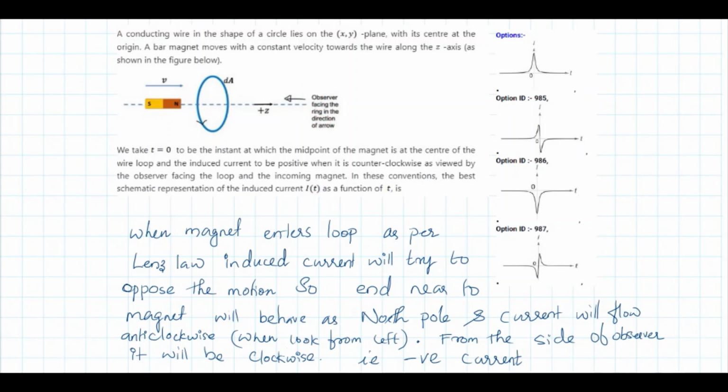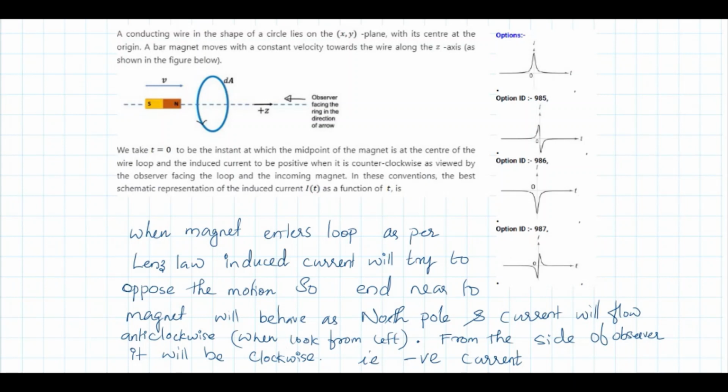For this observer, if the current goes clockwise, he will treat that current as negative. That is the direction sense of current. What is the best diagram for describing this current? That is the question.